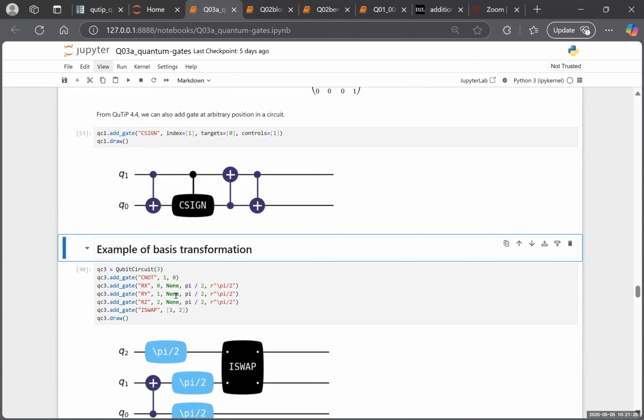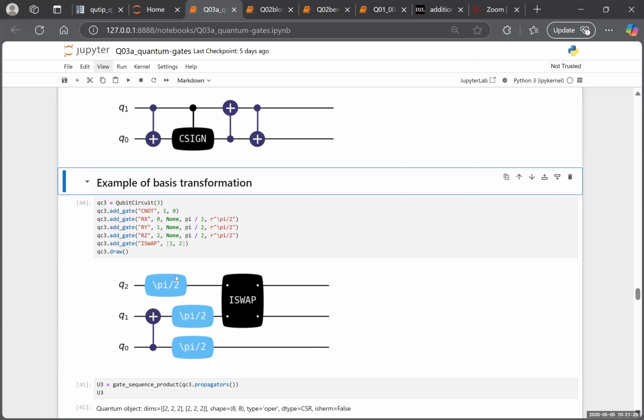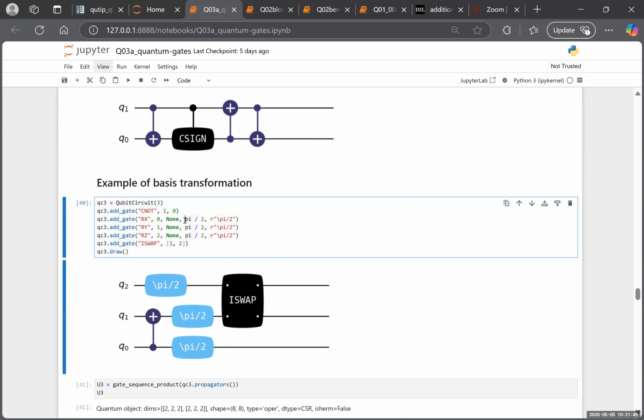Okay, example of basis transformations. This is a 3-qubit circuit. You start with CNOT between qubit 0 and 1, and you add gate X rotation to qubit 0, RY rotation to qubit 1, and then RZ rotation to qubit 2.